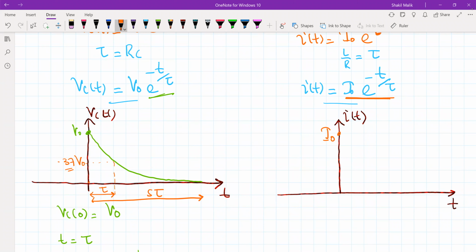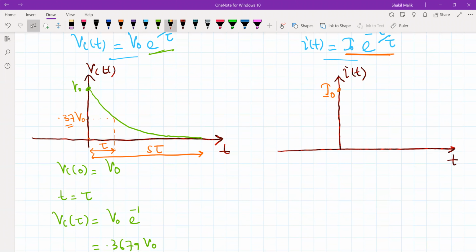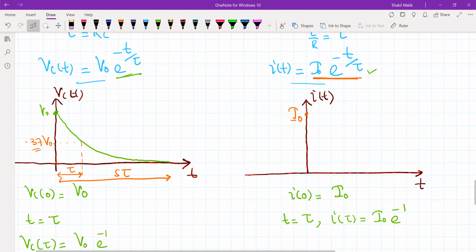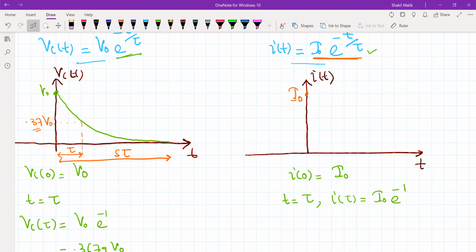Now if you take the plot of this expression, what is the value of the inductor current at t equal to 0? The value is I naught. You can check it from this expression. At t equal to tau, what is the value of the inductor current? Means I of tau will be equal to I naught e to the power of minus 1, because tau and tau will cancel, since t is equal to tau.